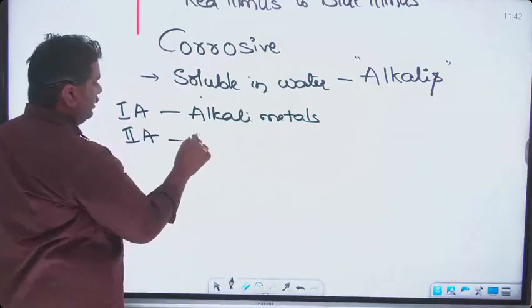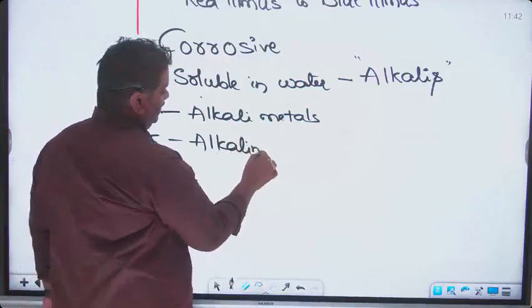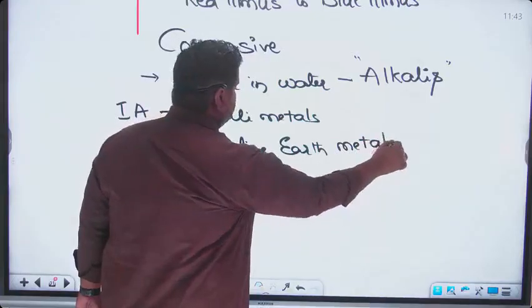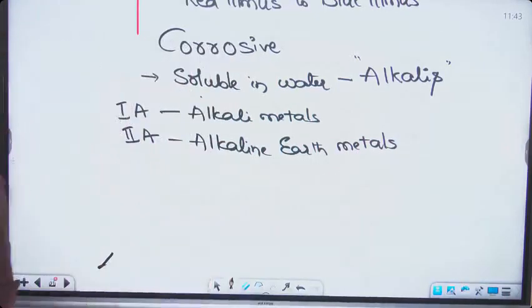అలాగే సెకండ్ ఏ గ్రూప్ అంటే ఆల్కలైన్ ఎర్త్ మెటల్స్ అని అంటాం. So the statement, simply write: the first A group and second A group elements of the periodic table form strong alkalis.